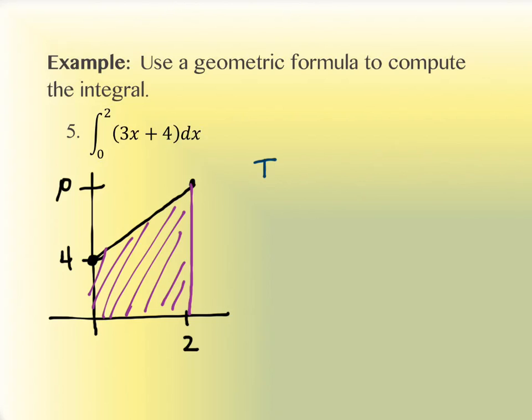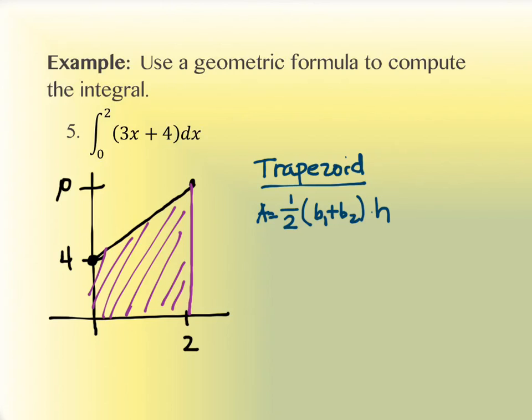So one option that Noah said is to think about this as a trapezoid. Do you guys remember trapezoids? Trapezoids have parallel sides, and this one does, along the y-axis and then along the line x equal to 2. The area of a trapezoid is 1/2 base 1 plus base 2 times the height.